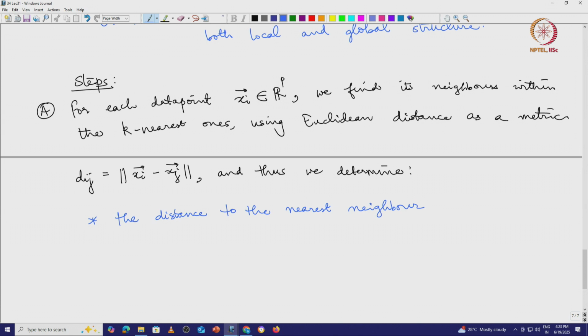So we find the distance to the nearest neighbor, rho I, that is the minimum distance out of all these dij's, except the distance to itself. So it is the smallest distance out of all these dij's except the distance to itself.